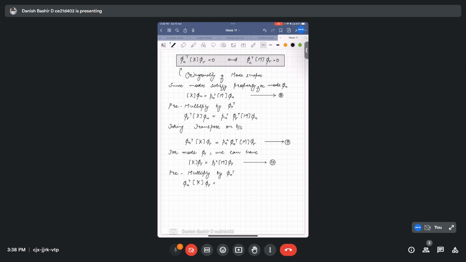Since nothing is to do with this scalar, we can take it out. It will be phi n transpose m phi r. So it will be the 11th equation.